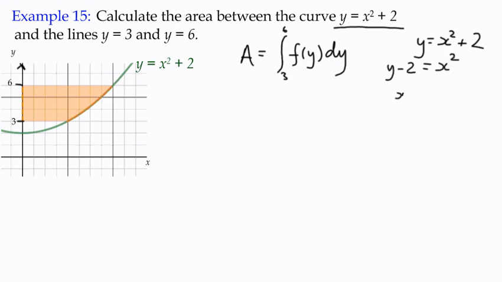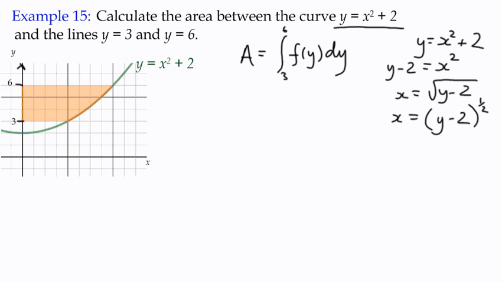So therefore x equals the square root of y minus 2, or otherwise known as y minus 2 to the power of half. If you can rearrange the function in that way, then we can work out the area.